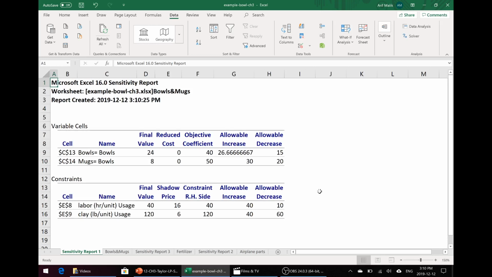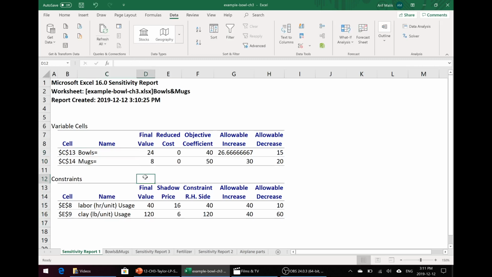All right, we already know how to interpret this. We have final value: bowls is equal to 24, mugs is equal to 8. We can change the labels if you like, just cosmetic here. This is bowls, and this is bowls also.